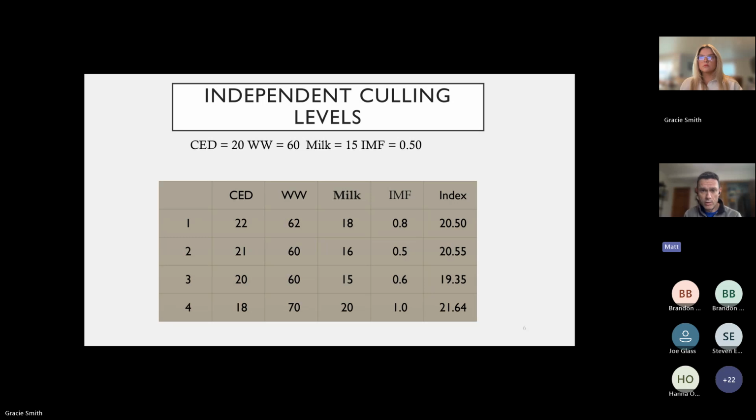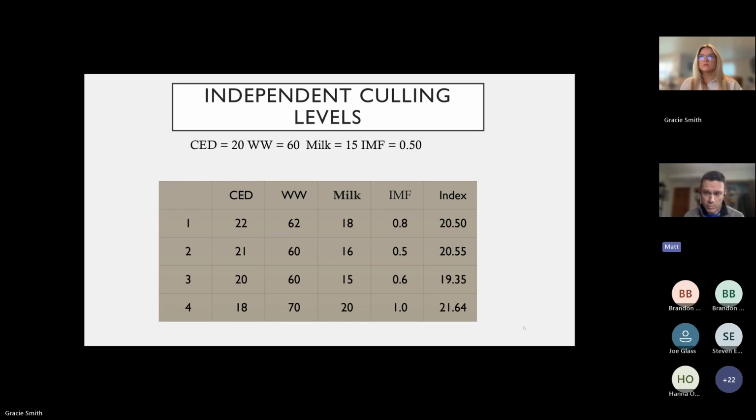The problem with that, though, is he is by far and away the heaviest for his EPD at weaning, highest for milk, assuming that's desirable for the enterprise, highest for IMF. So superior in all other aspects, and he just barely missed the threshold for one trait. And so consequently, if we think about this bull's potential impact on profit for my enterprise as reflected in his index value, he's actually the best.